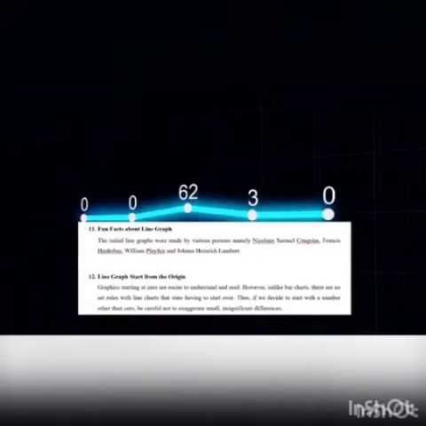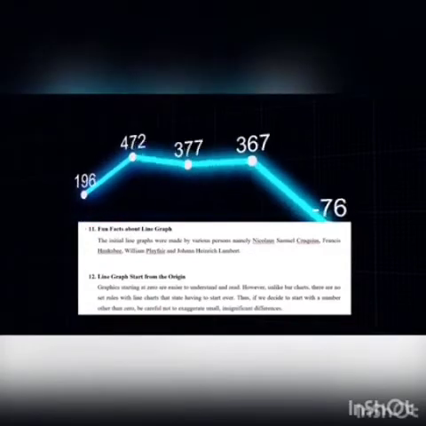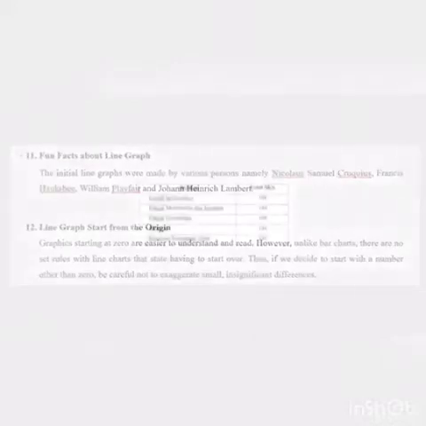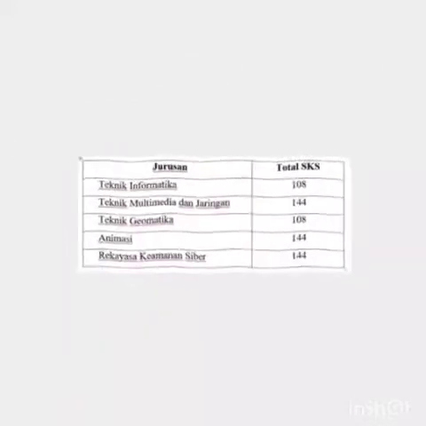Graphs starting at 0 are easier to understand and read. However, unlike bar charts, there are no set rules with line charts that state having to start at 0. If we decide to start with a number other than 0, be careful not to exaggerate small differences.